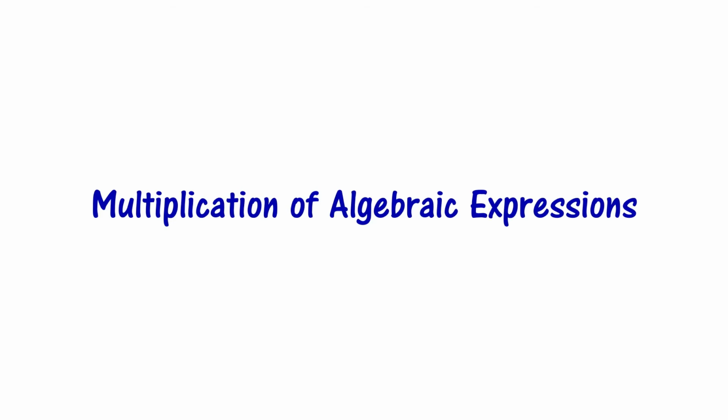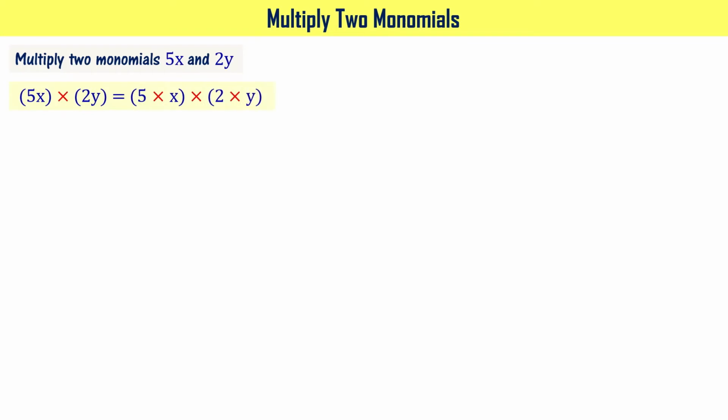Let us now learn about multiplication of algebraic expressions. Let's multiply two monomials 5x and 2y. That can be written as 5x times 2y, right? I can write 5x as 5 times x and 2y as 2 times y. It means 5x times 2y can be written as 5 times x times 2 times y.